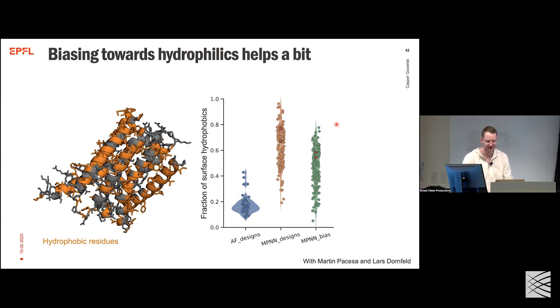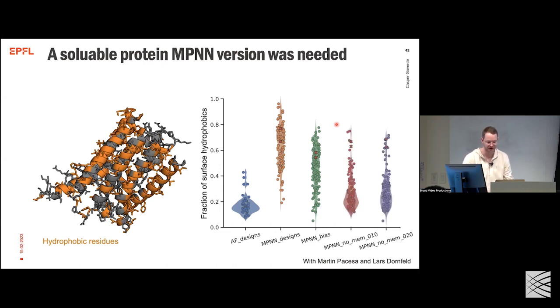Then I met with Justas Dauparas, who is the first author of the ProteinMPNN paper, and he said, well, how about we try to retrain on a data set with only globular folds, so no transmembrane folds, which results in these two networks. So we have an MPNN version trained on non-membrane proteins with 2 different noise levels.